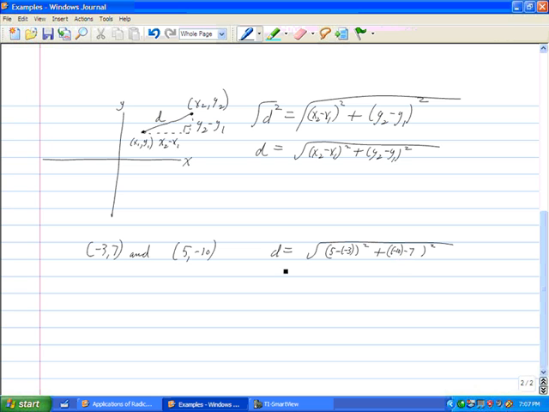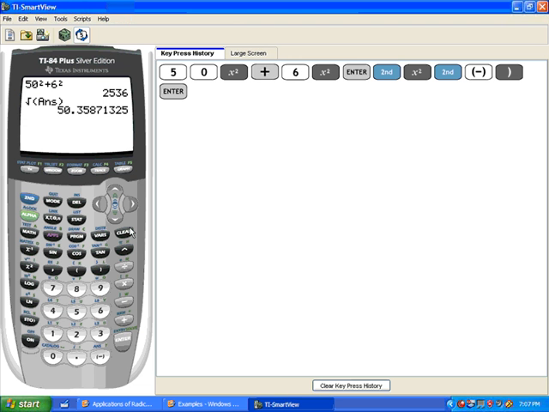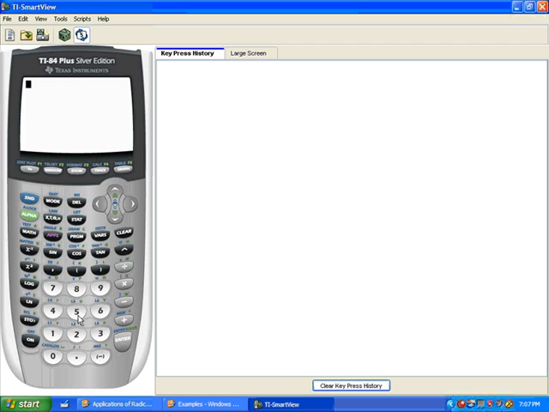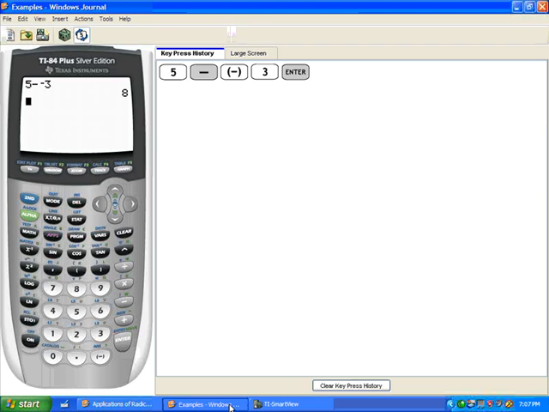Again, negative numbers in parentheses. If you need to, you can do this on your calculator in steps. 5 minus a -3. 5 subtract a -3 will give us an 8.